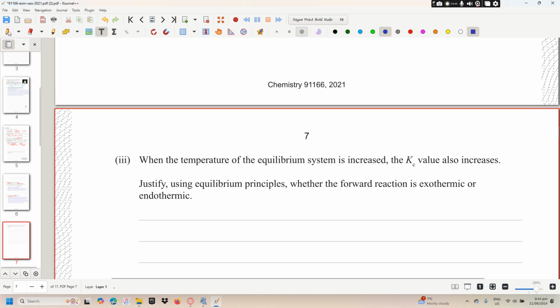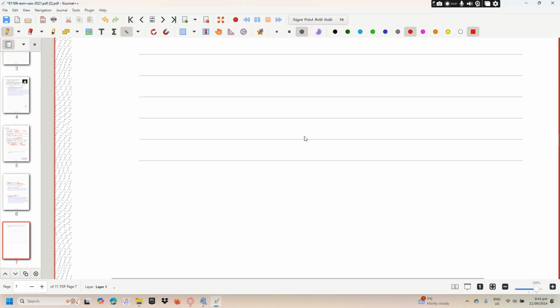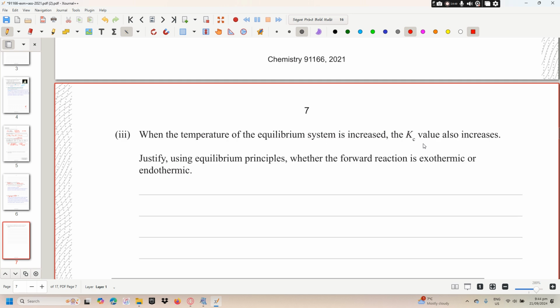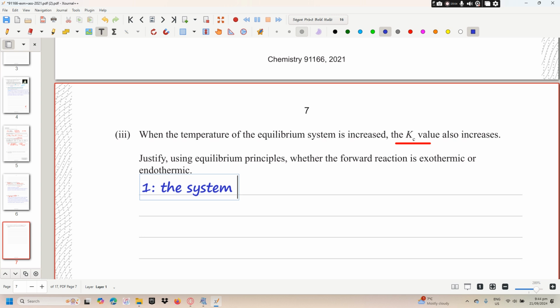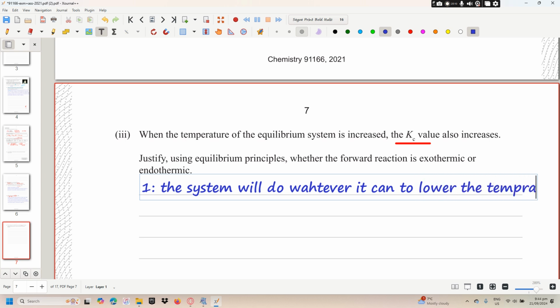The Kc values. This seems difficult, but you can actually do this in a really short amount of time. Okay, the temperature is increased. Here are the four things you need. The first piece of information: if the temperature of the equilibrium system is increased, the system will do whatever it can to lower the temperature. That's Le Chatelier's principle.